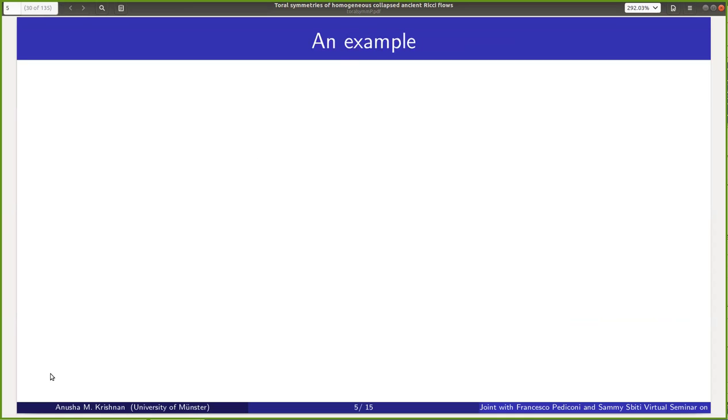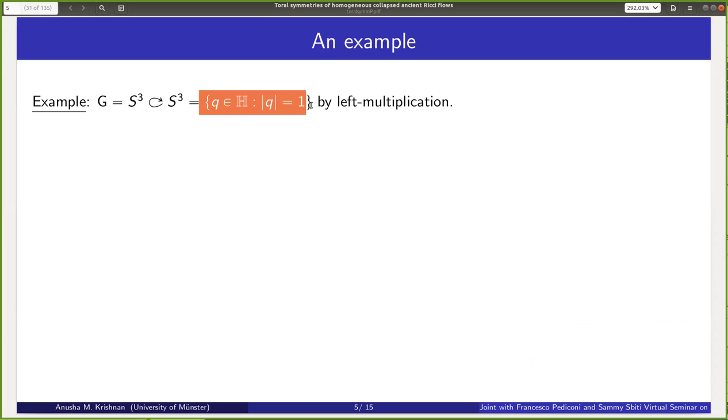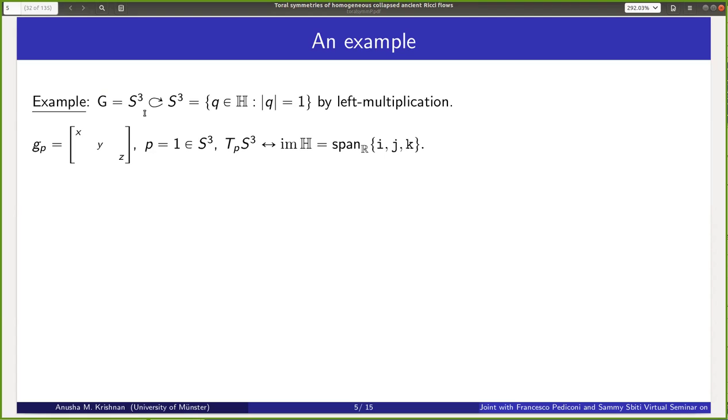In our example, the manifold we are looking at is the 3-sphere, which you should think of as the set of unit quaternions. So the 3-sphere is a Lie group. It acts on itself by left multiplication. And that's the G/H we are interested in this example.